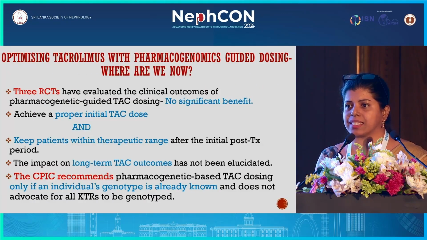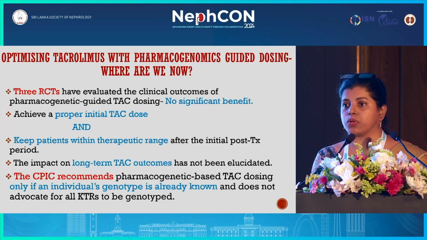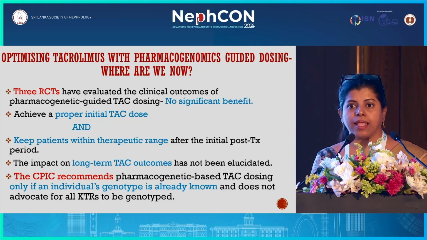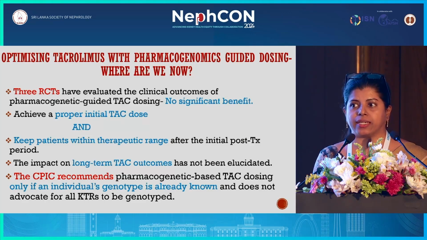But has this translated to good clinical outcomes? There have been 3 randomized clinical trials that have evaluated the clinical outcomes of pharmacogenetic guided TAC dosing and have not found any significant benefit compared to fixed dosing. That's because these trials have looked at achieving a proper initial TAC dose.